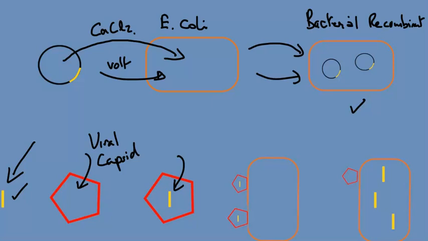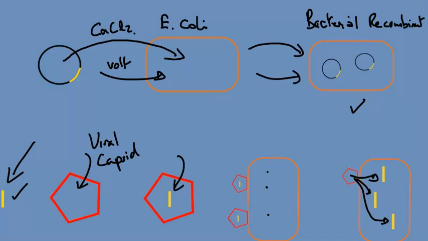These viruses are then introduced to the E. coli cells, and because they are bacteriophages, viruses of bacteria, they are able to introduce the copies of the gene into the bacterial cell in this manner. And again, we end up with a bacterial recombinant.